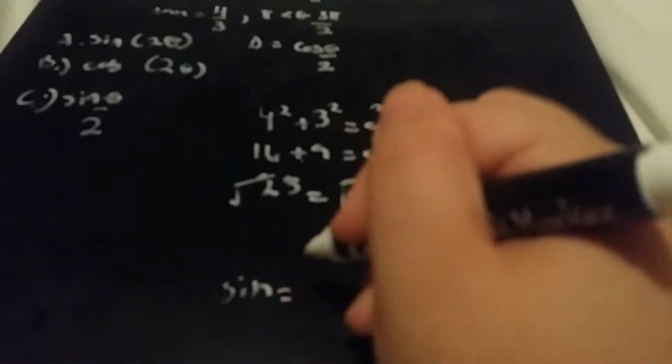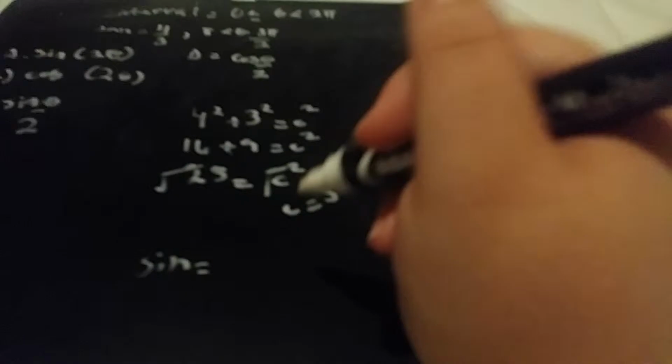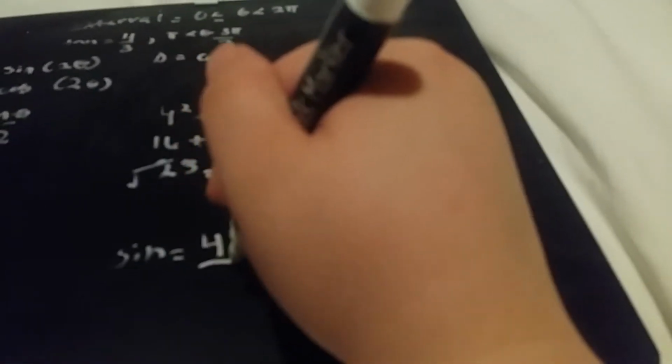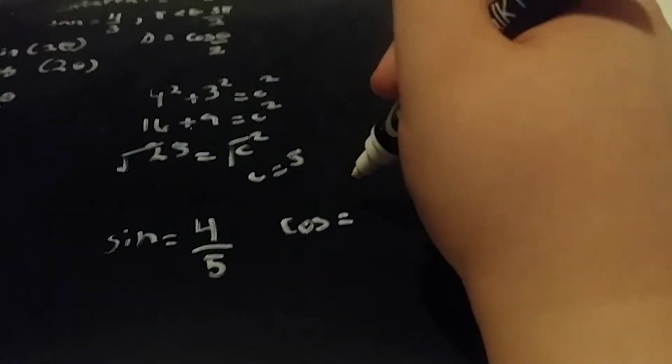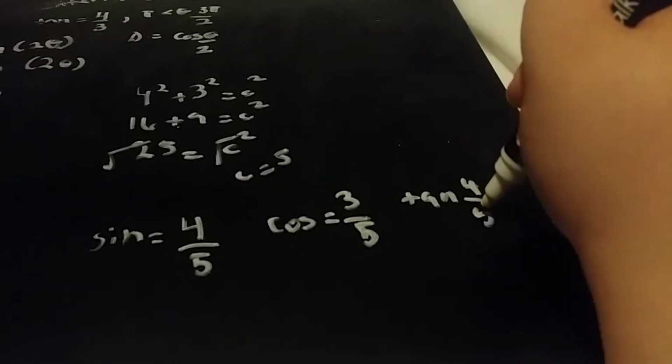So this helps us out because we now know our sine equals opposite over hypotenuse. So our opposite is 4 and our hypotenuse is 5. Cosine equals adjacent over hypotenuse. The adjacent is 3, so 3/5, and tangent is given, which is 4/3.